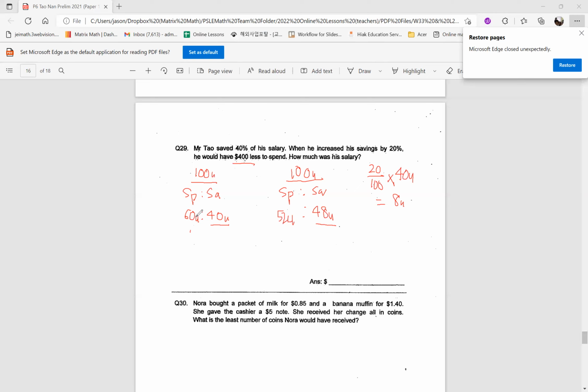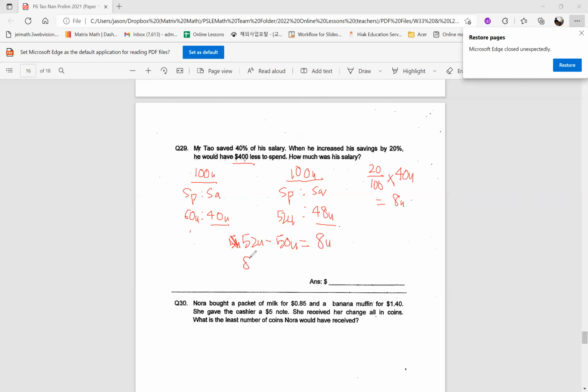Or you can look at the spending. From 60 units of spending, Mr. Tao's spending is now 52 units. So spending dropped by 8 units. So the 8 units is $400. That's how I do it. Okay? You can do this 52, 50 minus 50 units, 8 units.